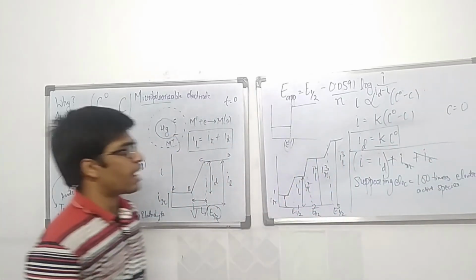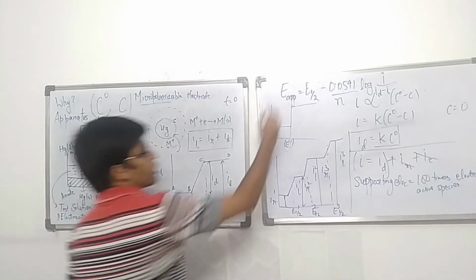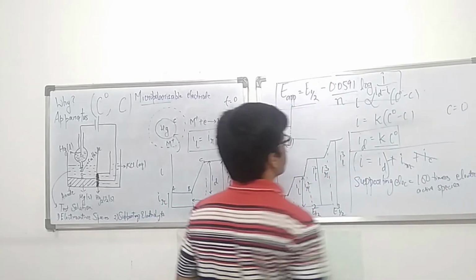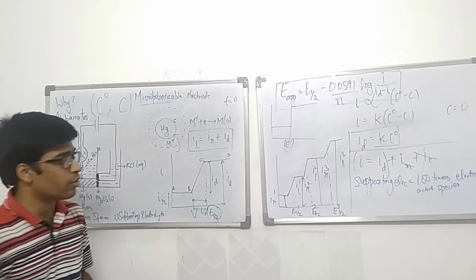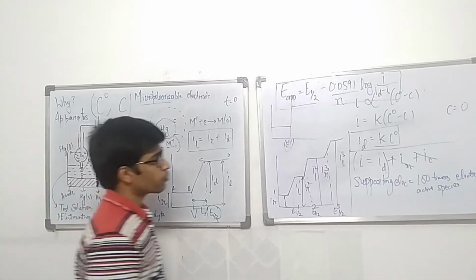And you know the diffusion current and the current flowing through the solution, that is, the limiting current in that case. So using this, you can get the different values that you are looking for in the solution, or you can also get the identity of the species present in the solution. Okay.